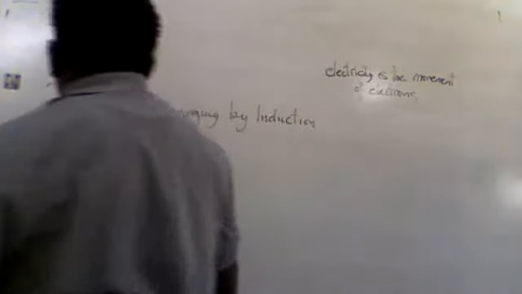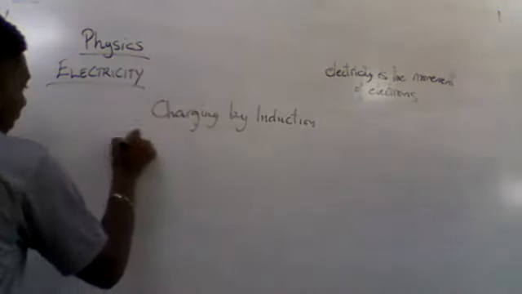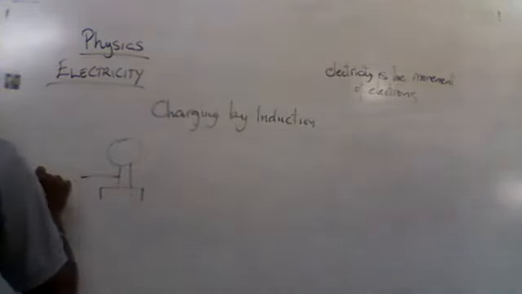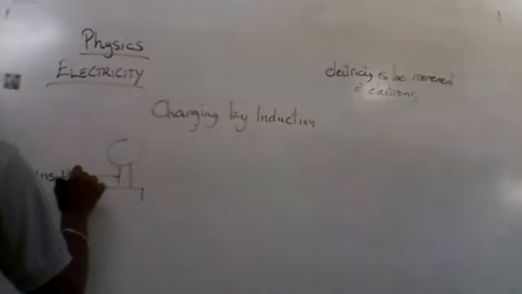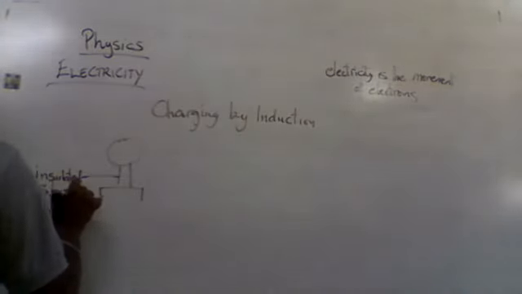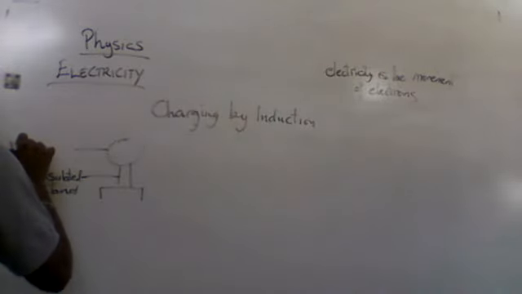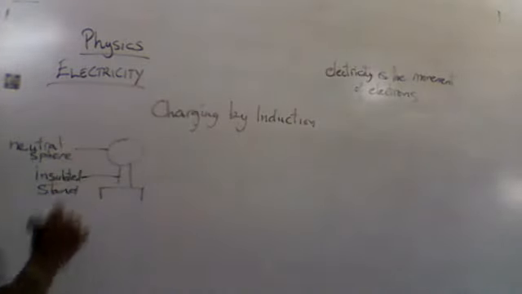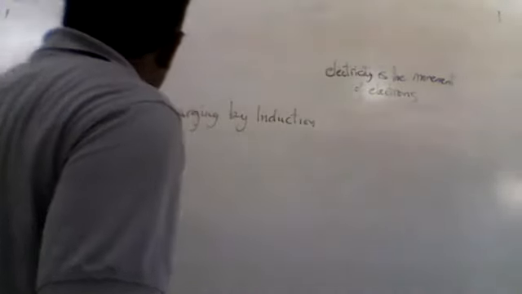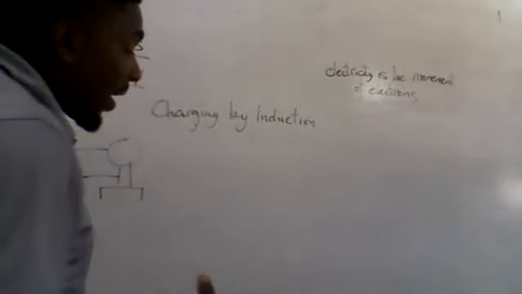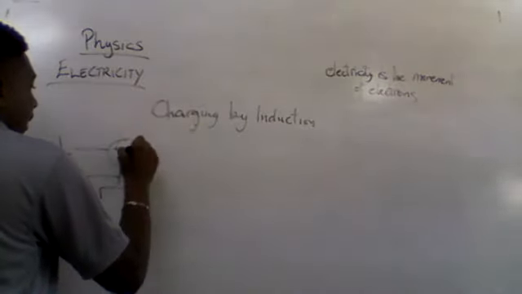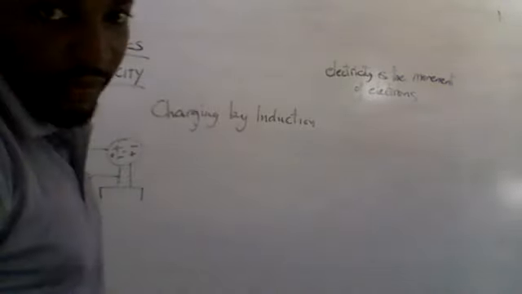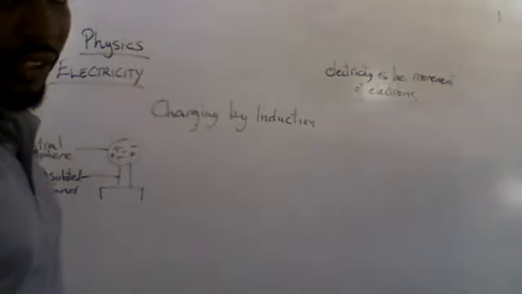So for instance, if we have a neutrally charged sphere on an insulated surface, so we have a neutral sphere on an insulated stand. Now this neutral sphere has an equal number of positive charges and negative charges, right? It has an equal number of positive and negative charges.